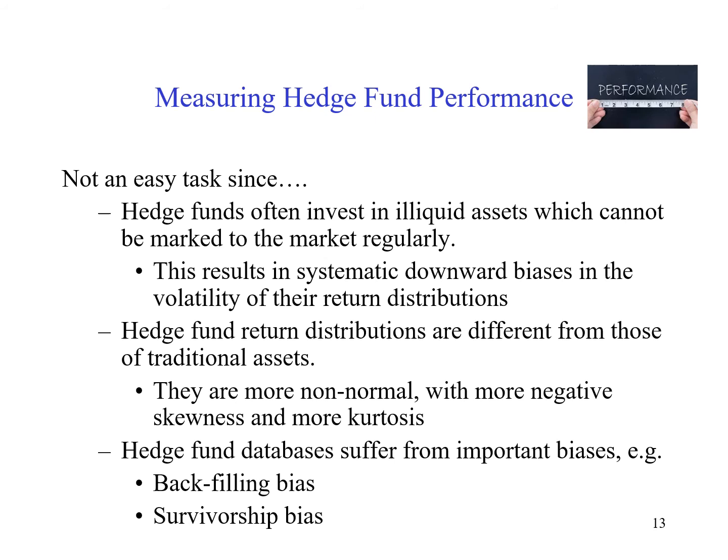Second, hedge fund return distributions are different from those of traditional assets. They are more non-normal, with more negative skewness and more kurtosis. Third, hedge fund databases suffer from important biases, for example, backfilling bias and survivorship bias.